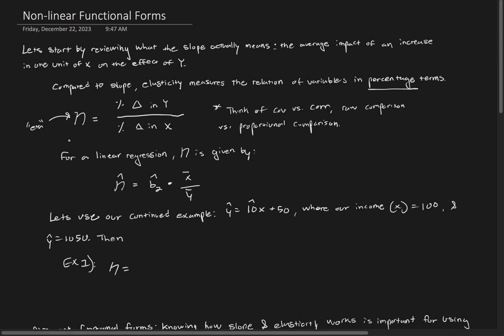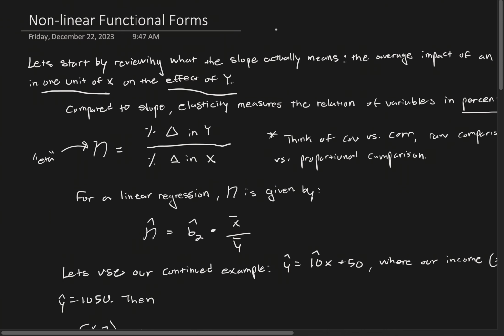And that is important because we want to distinguish what the slope is from the elasticity. Now, the slope, recall that it's the average impact of an increase in 1 unit of x on y. And so the average impact, not always consistent, just what we're estimating.